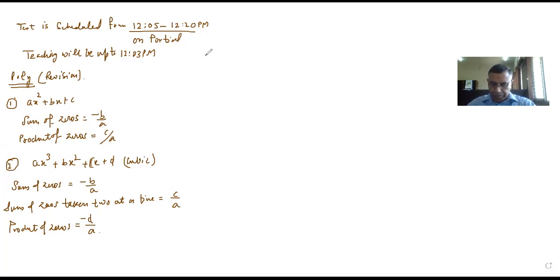Next is a question which is based on this. If one of the zeros of the cubic polynomial is minus one, now this polynomial is given, and one zero is minus 1, then find the product of the other two zeros.